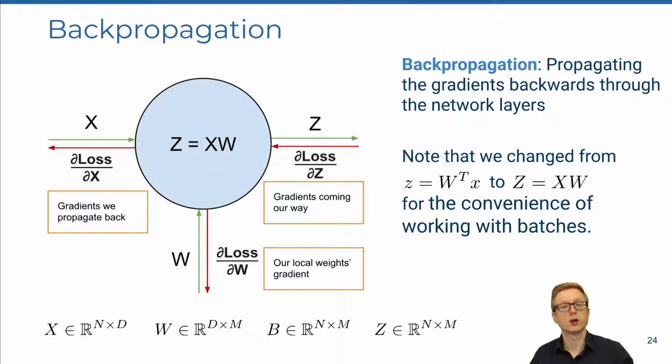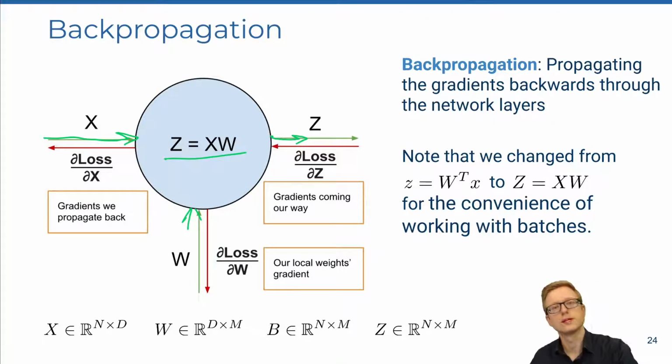Here is another view of backpropagation, a more graphical representation. Let's say we have this linear transformation z equals x times w, and then during the forward pass through our network, this operation takes x and w as input, and it produces the output z.